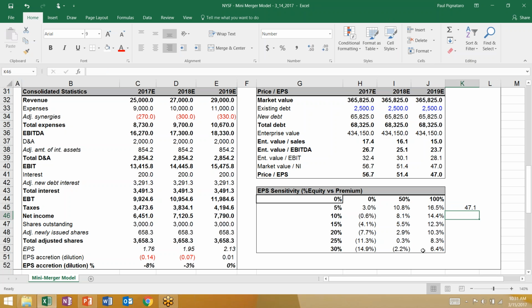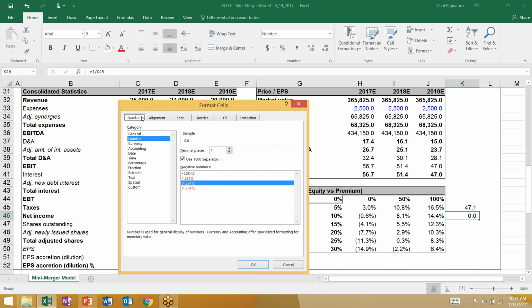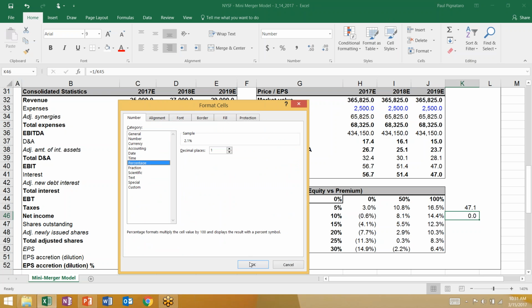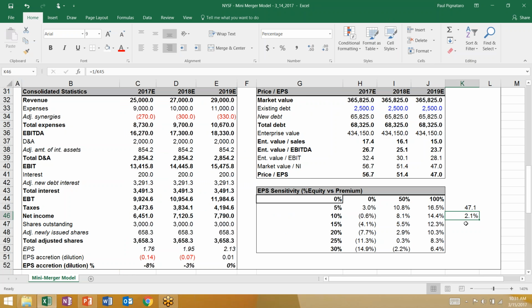So if the PE is 47.1 and you invert that, 1 divided by that, then the implied return could be 2%. Very, very low, because the investor is paying such a high price. So that explains why at 5% return, debt is a better investment than 2%.